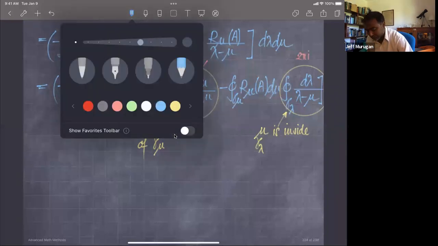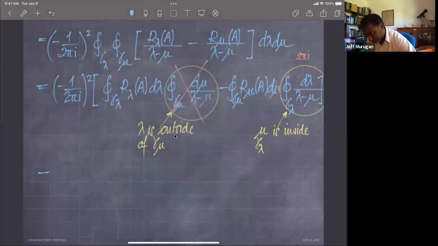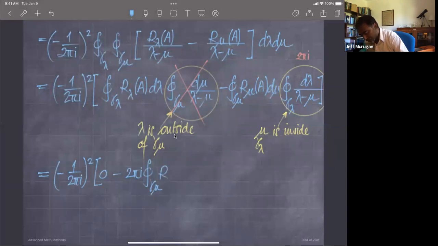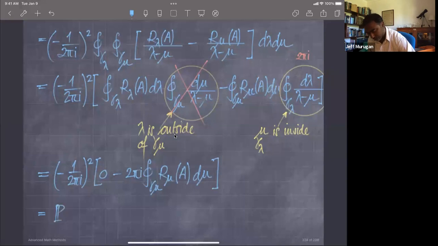So if I put these two things together, this tells me that this is nothing but minus 1 over 2 pi i, squared, times 0 from the first integral, minus 2 pi i times the integral over gamma mu of R_mu of A d mu, which is simply P itself.